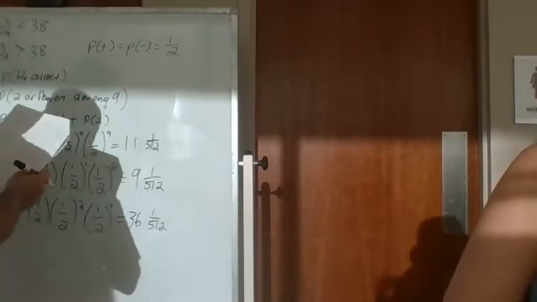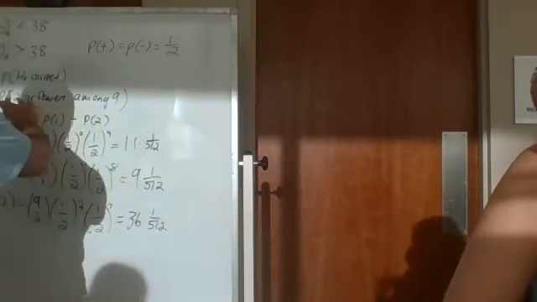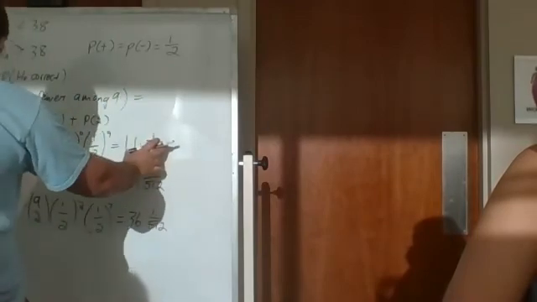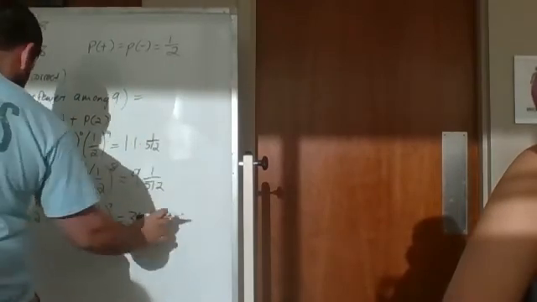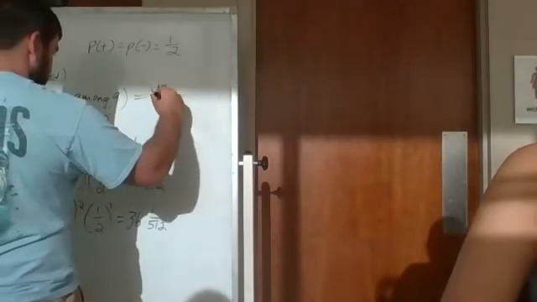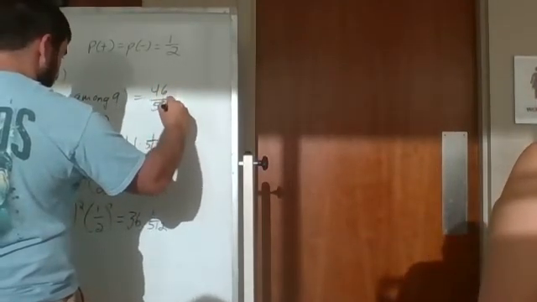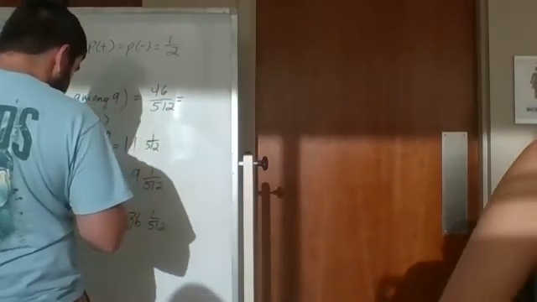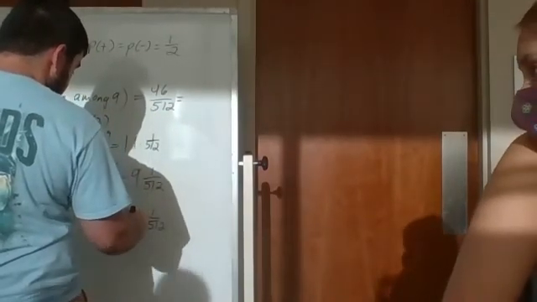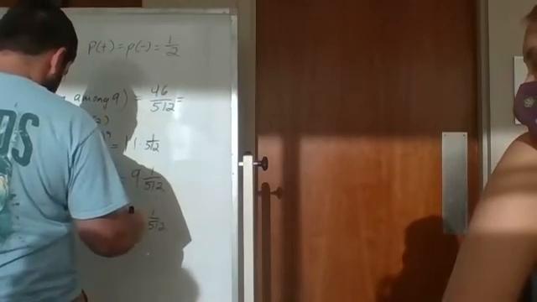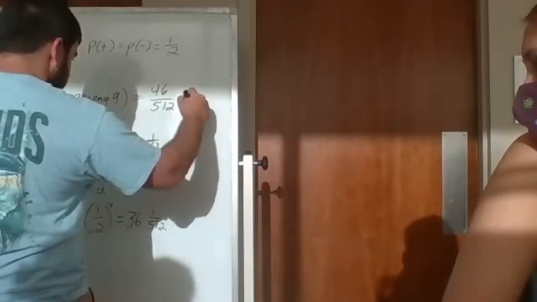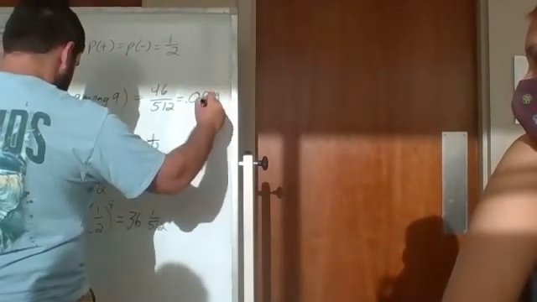And then so the probability of 2 or fewer among 9 is then, once you add all of those up, 46 over 512. And then that is equal to 0.090.